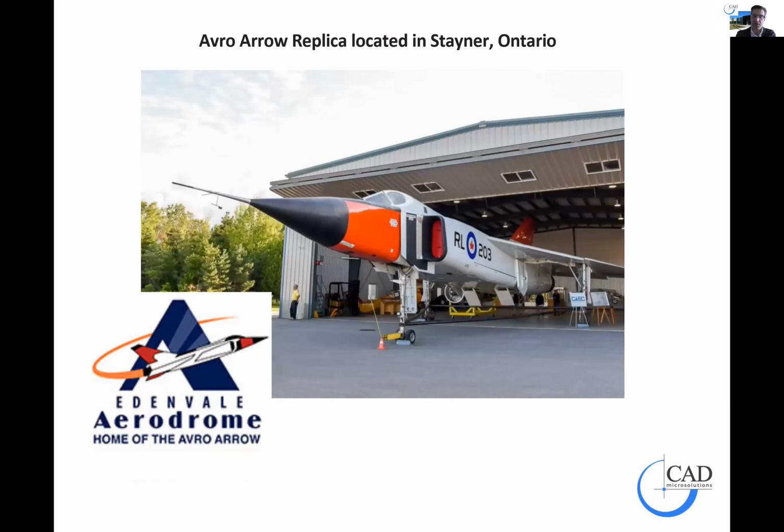For those of you that know the history of the Avro Arrow, you probably know it was originally designed and a few prototypes were built in the early to mid 50s.